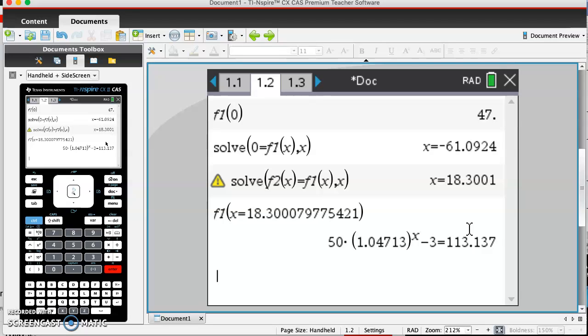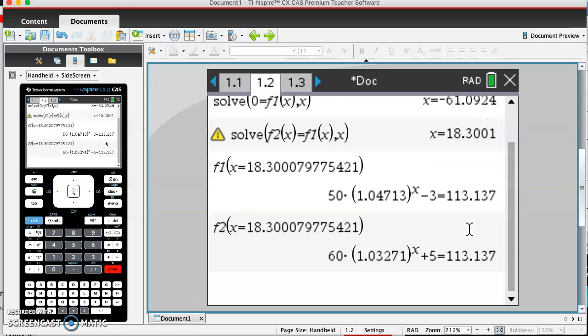So it tells me it is at 113.137. If I did function 2, I should get exactly the same answer. And I do, 113.137.